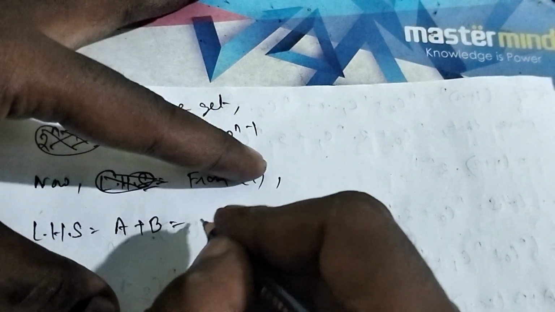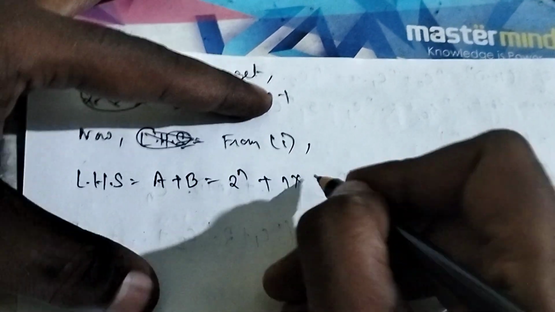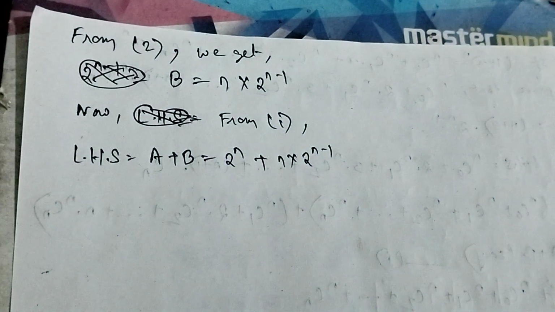A is 2 to the power n, plus B is n into 2 to the power n minus 1.